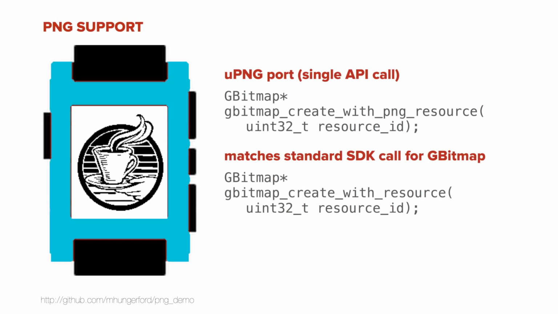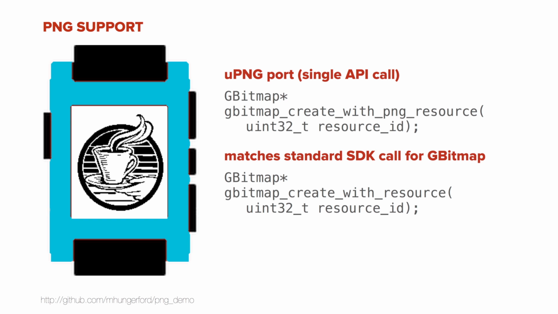So when I was porting over the PNG support, I used it in a couple of my applications. I made the library available on GitHub, and I found that when we were trying to explain to other developers how to use it, it was in a pretty sorry state, where you had to call this, allocate this, have it run the decompressor, and then you finally got the GBitmap out of it.